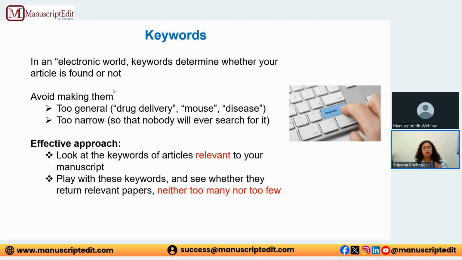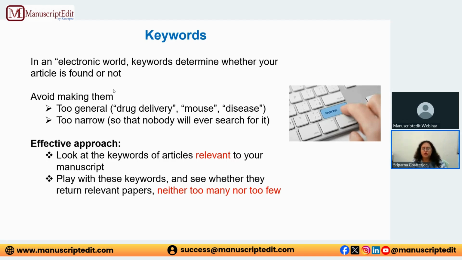So your keywords should be closely related to such searches. You should avoid making very general keywords like drug delivery, mouse disease. No. Again, it should not be too narrow that nobody will ever search for it. So you have to keep a balance between these two.